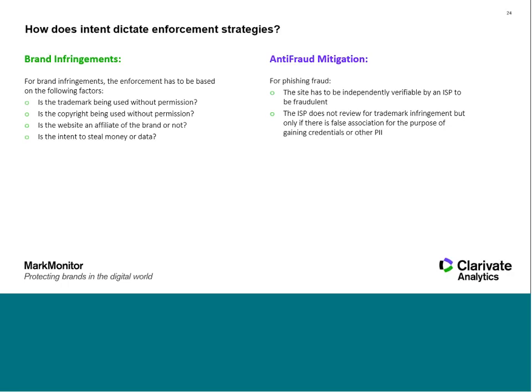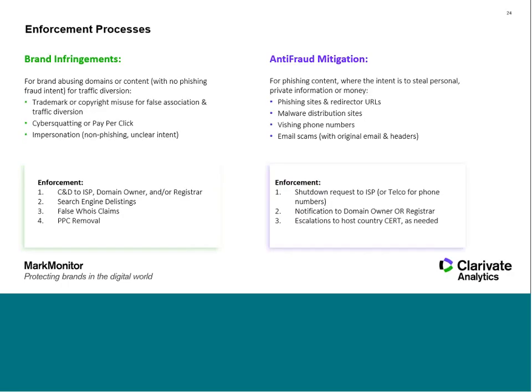However, for email-based scams, malware, phishing, etc., we have to prove fraud by providing email headers from the original fraudulent email or malware data with an explanation, or for phishing, with the phone number attacks. The telco has to be able to call and verify that the number is collecting personal information. So I think, Dustin, at this point, why don't you take us through the brand enforcement process for brand infringements?